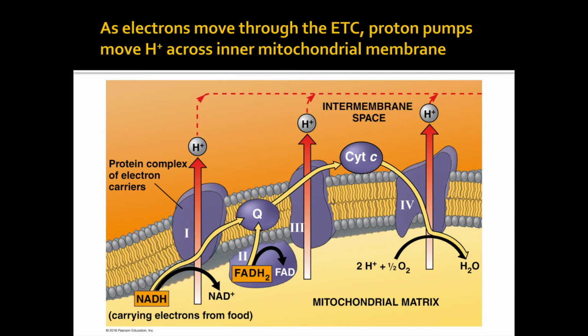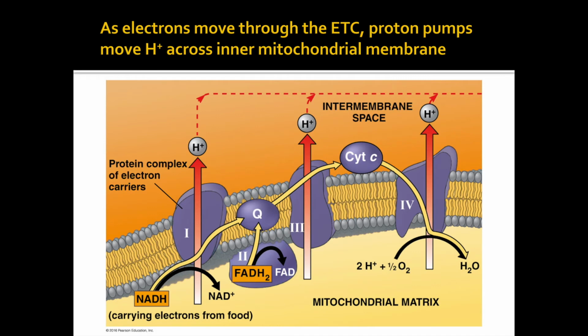You can see that NADs drop off at complex 1, and FADs drop off at complex 2. Does that make a difference? And the answer is yes. As those electrons are passed from molecule to molecule, energy is being released.